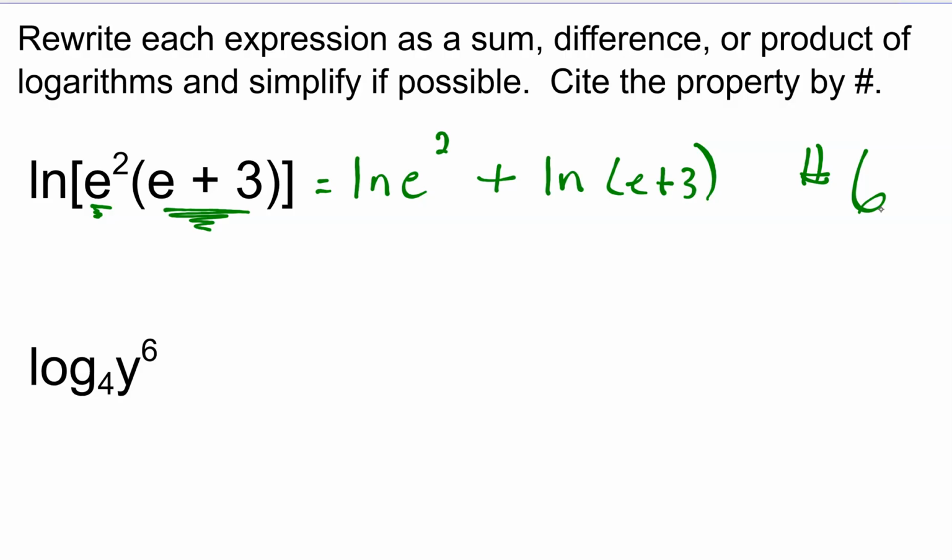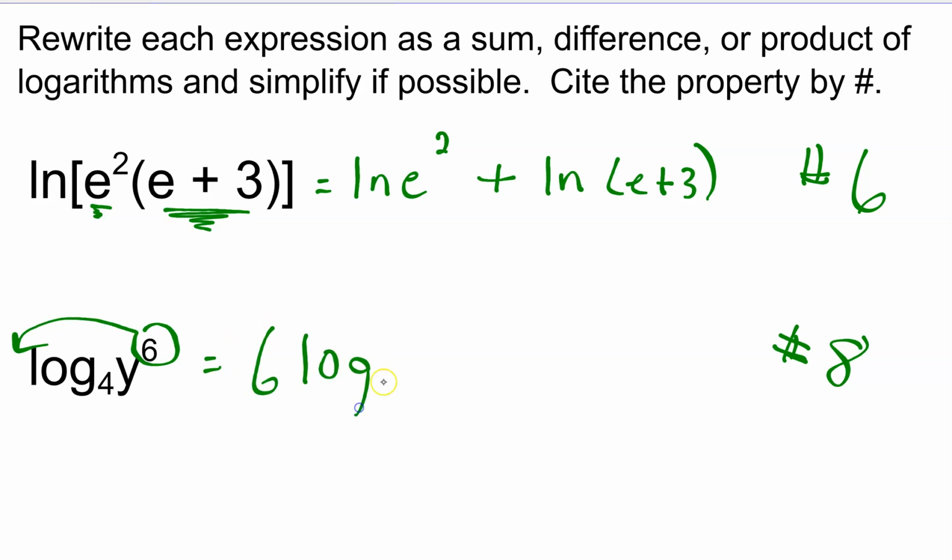And then the second one is number 8, which is the product one. And you can bring this 6 down in front of the log. So it's going to be 6 log base 4 of y. And you could put a multiplying there if you wanted to. Usually you typically don't see that in there.